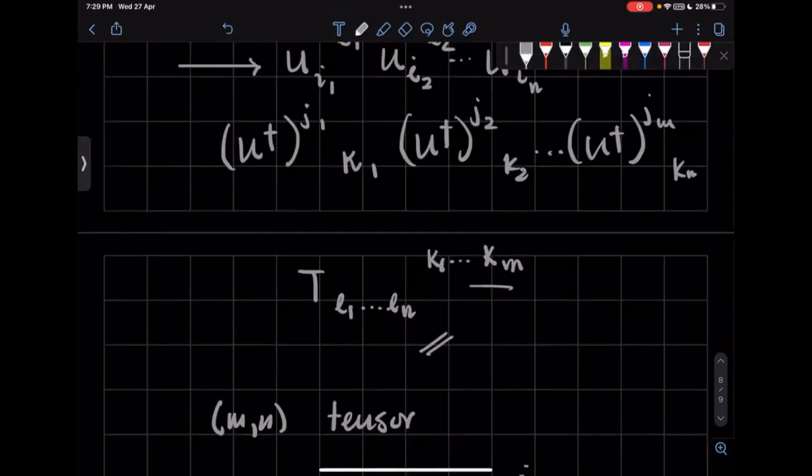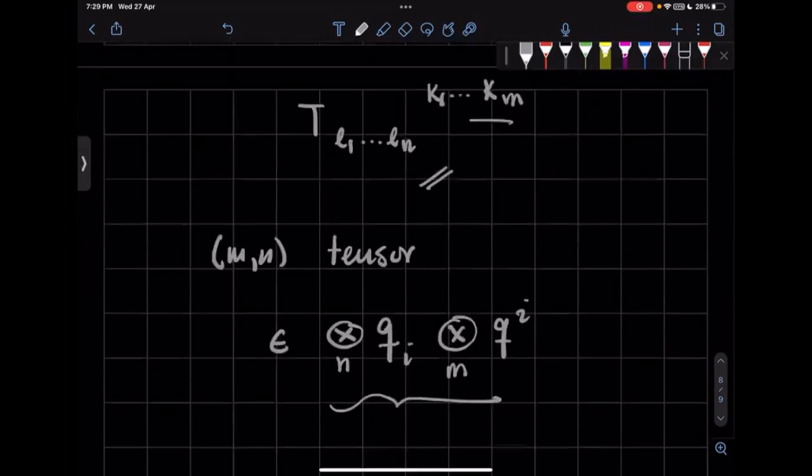We'll see soon. Okay, so that's the general (n,m) SU(N) tensor.